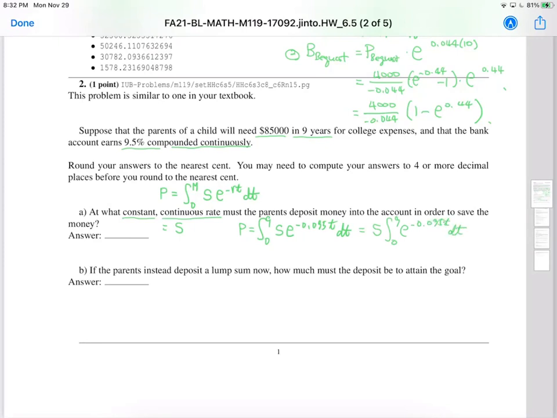So this is equal to S times the antiderivative, S over minus 0.095 e to the negative 0.095 t from 0 to 9.